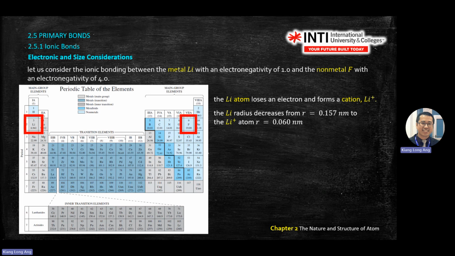So lithium Li, when it lets go, its radius decreases from 0.157 to 0.06. So when it lets go of 1 electron, why does the radius decrease?